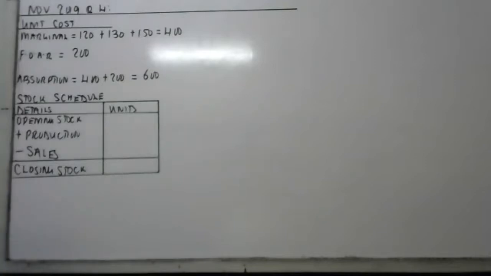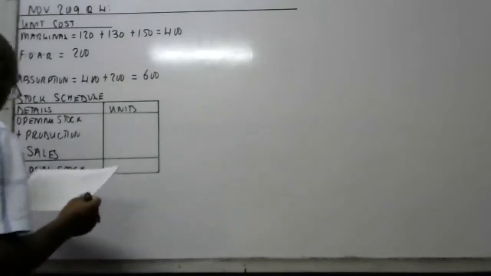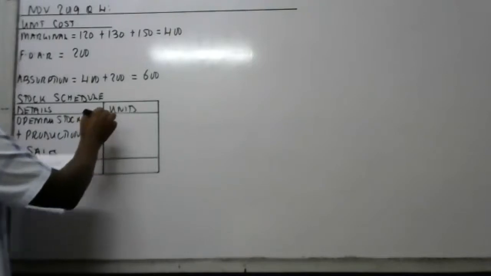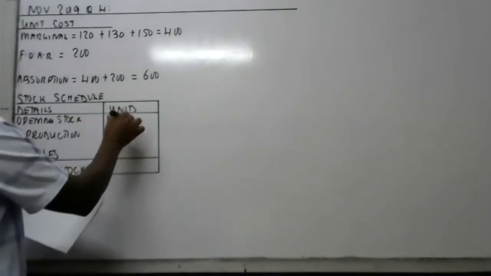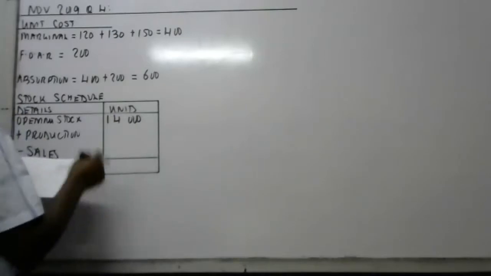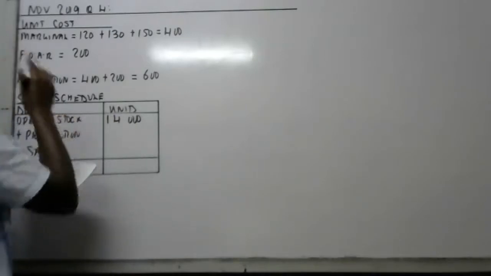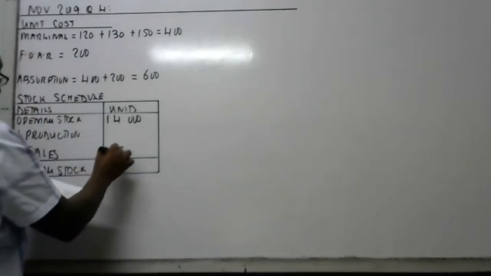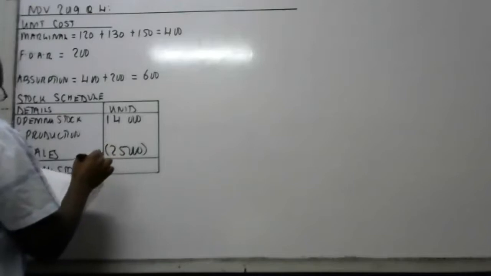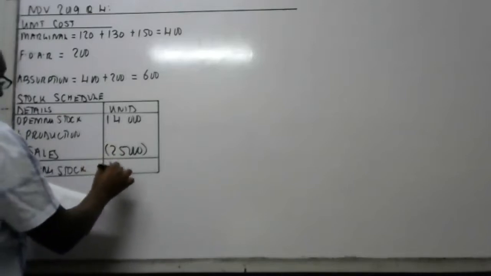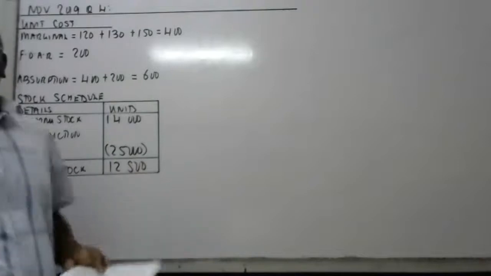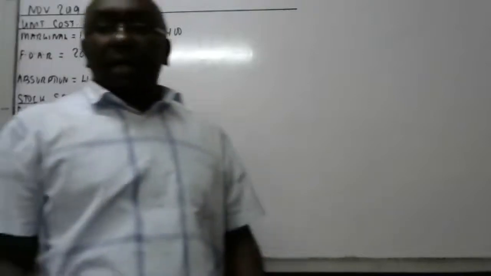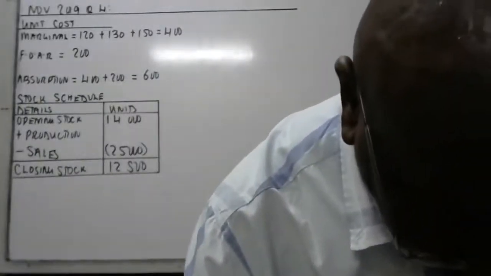So as you can see, the opening stock is 14,000. Production, we do not know, but we know that sales is 25,000. And then the closing stock is 12,500. So work out that and tell me what is the production quantity.